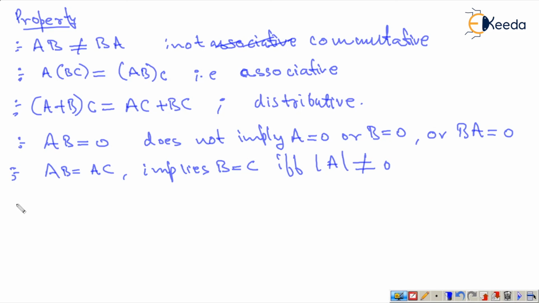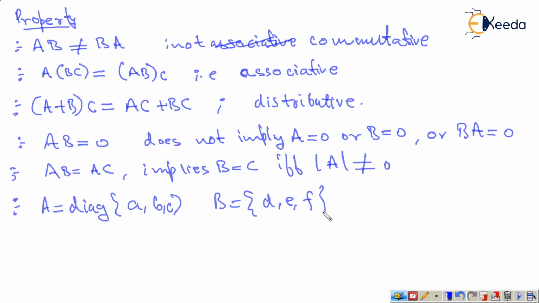And next is, like we have seen the diagonal matrix. So for A being a diagonal matrix, let's say A, B, C, and B be a diagonal matrix, let's say D, E, F, then for this multiplication of diagonal matrices, since they are of the same dimension, 3 cross 3, directly we can multiply the diagonal elements.